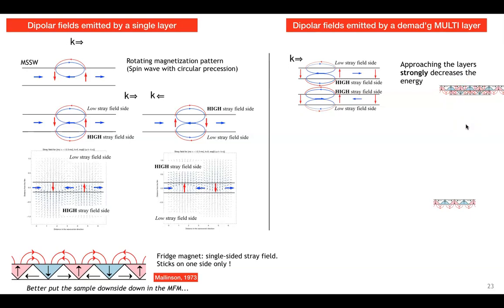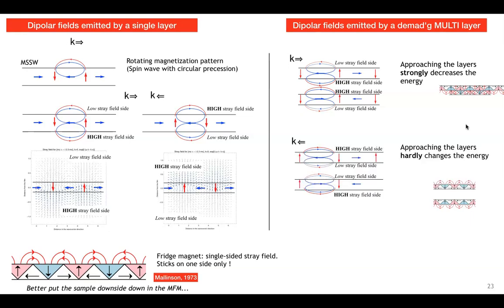So the dipolar coupling reduces the energy of the spin wave in the system compared to the spin wave in a single layer case. If on the other hand you are in a reverse situation where the two films are such that their low stray field sides are in front of each other, just like if you had two fridge magnets facing opposite to each other, then they do not interact because they don't have stray fields.